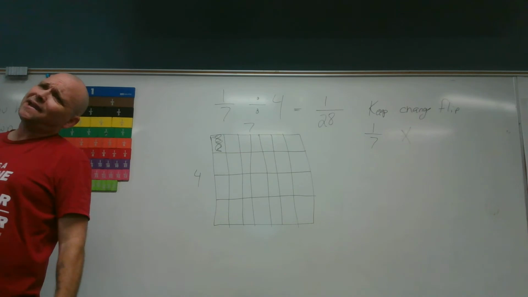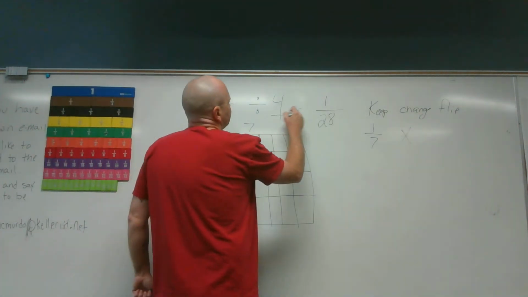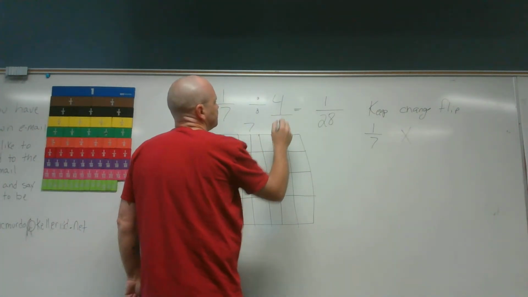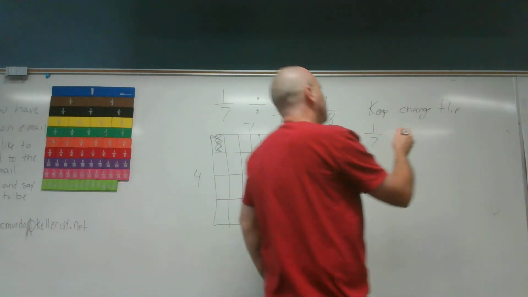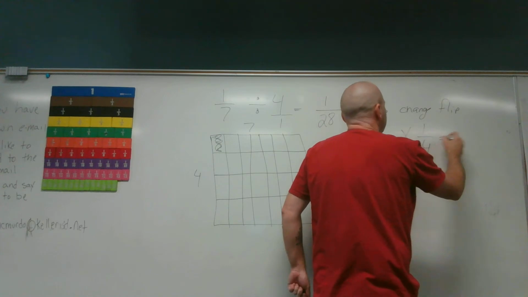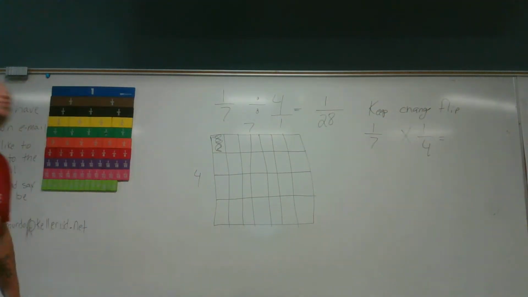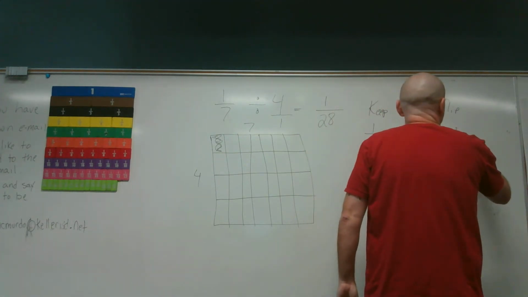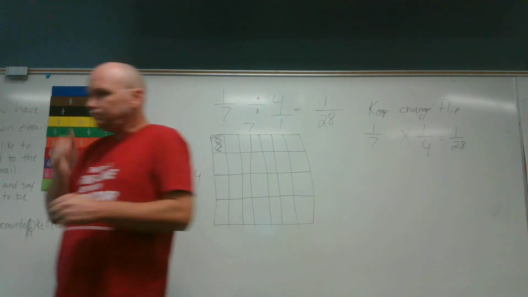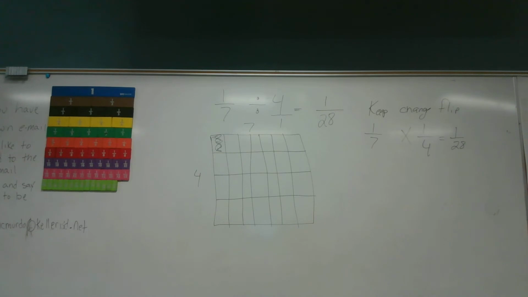The whole number 4 is actually the same as 4 over 1. So I flip that over. I get 1 over 4, which would equal 1 over 28.